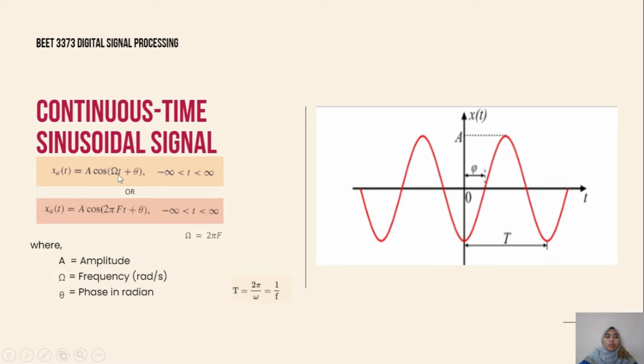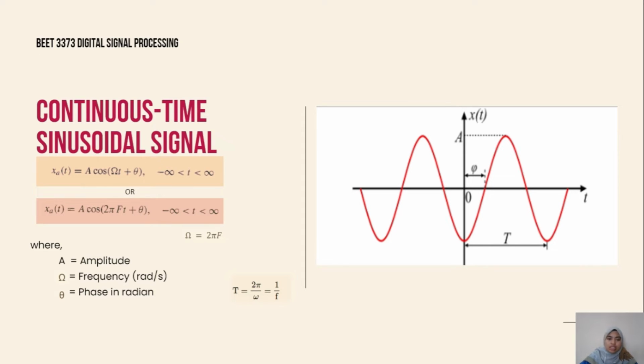Omega is the angular frequency in radians per second. To find the omega, we first have to find the frequency. Next is time, and then plus phi. Phi is the phase in radians.